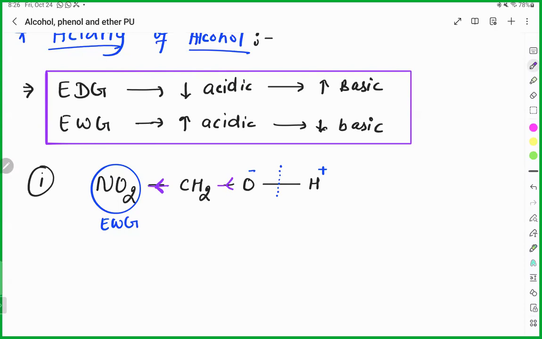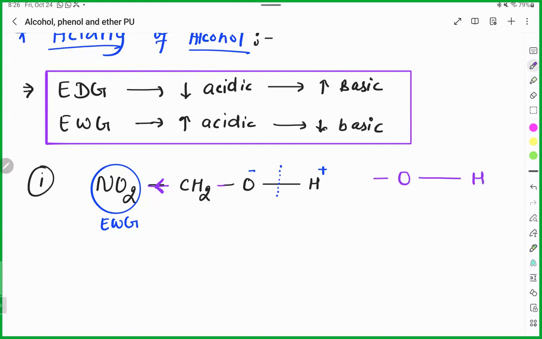If this is happening, what will happen? It will withdraw electron from the oxygen, oxygen will have positive charge, and continuously oxygen will withdraw electron from the hydrogen. So there are two things. Remember, you have the OH bond.